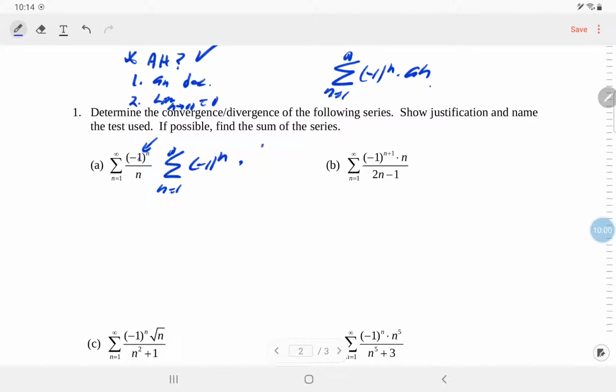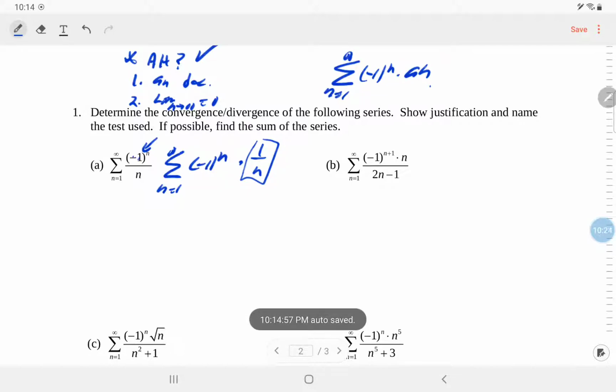Well, what would be left would be an imaginary 1 on the top and then n. If I were to multiply these two together, it would make -1 to the n over n. So when I examine the does-it-decrease question, I'm only looking at this part.